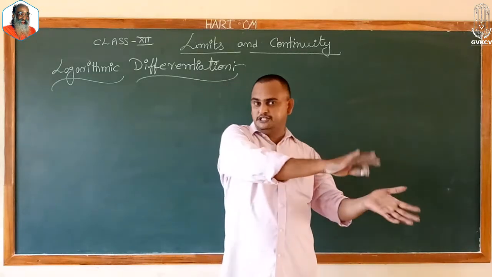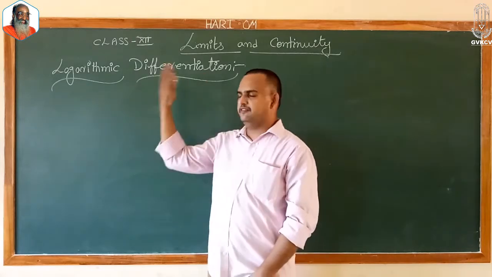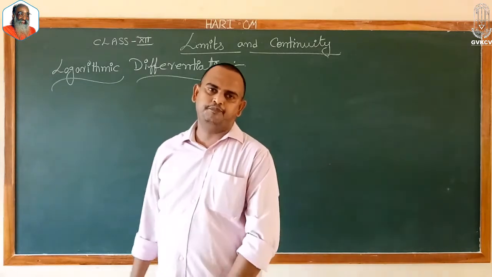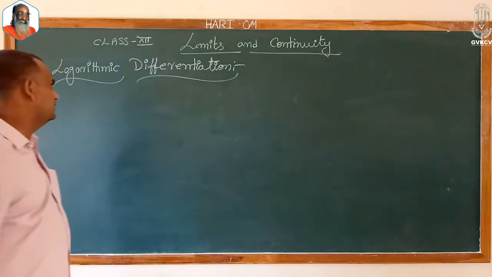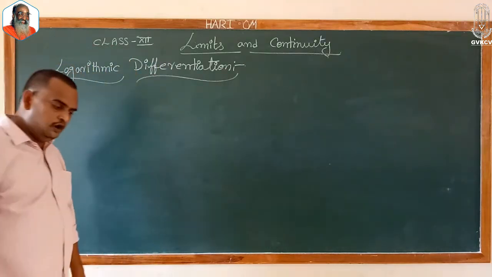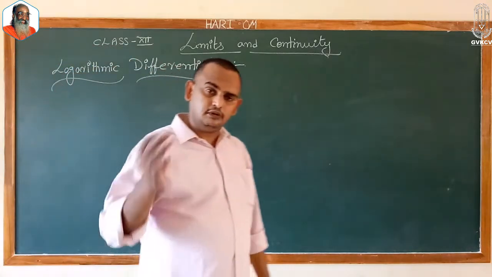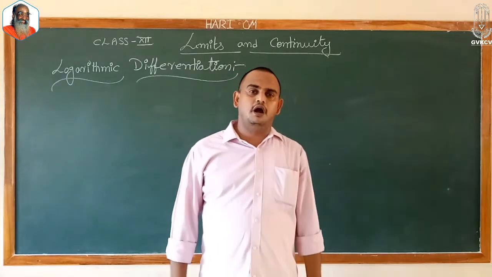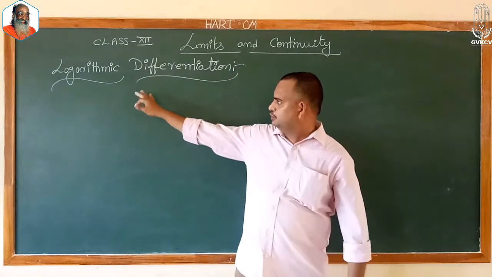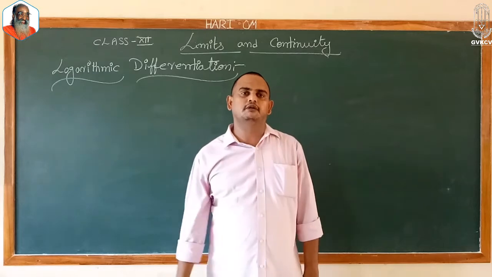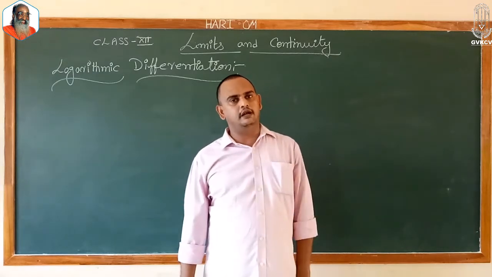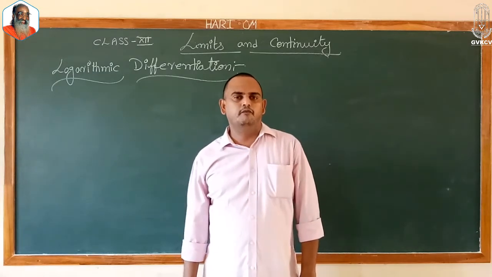Differentiation of a logarithmic function is different; logarithmic differentiation is another different thing. So what is the meaning of logarithmic differentiation, how to differentiate it, and when we need to use this kind of differentiation, that we are going to learn today.